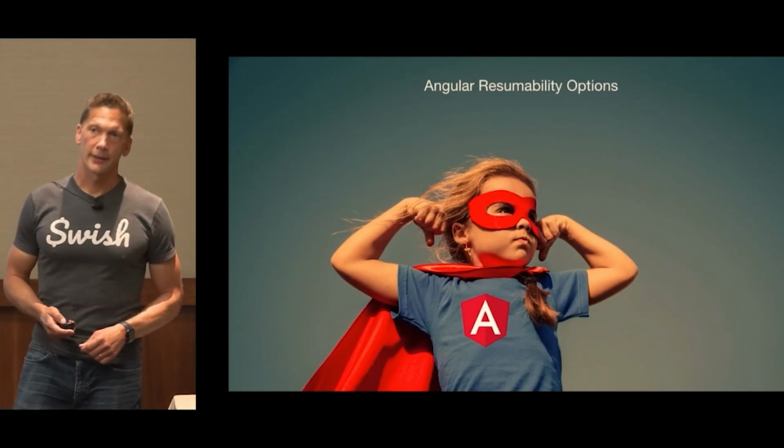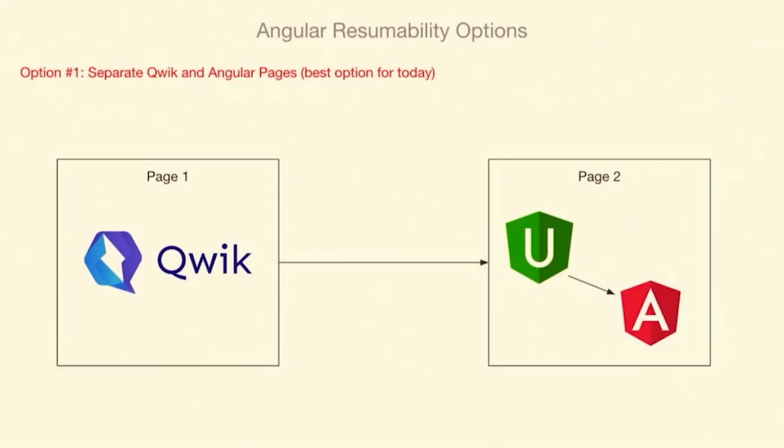So let's talk about resumability options for Angular. The first one, which is simplest and available today, is that if you have your Angular app in one place, you just create, at a page level, a page in Qwik or some other resumability framework, and you just link them together. This is pretty simple, but it is something that is useful to do.